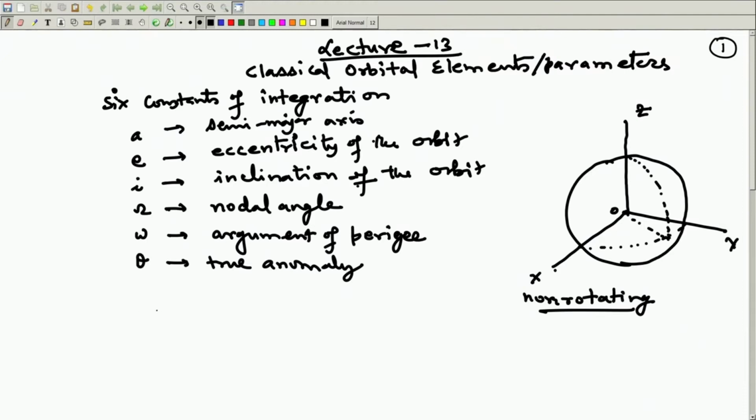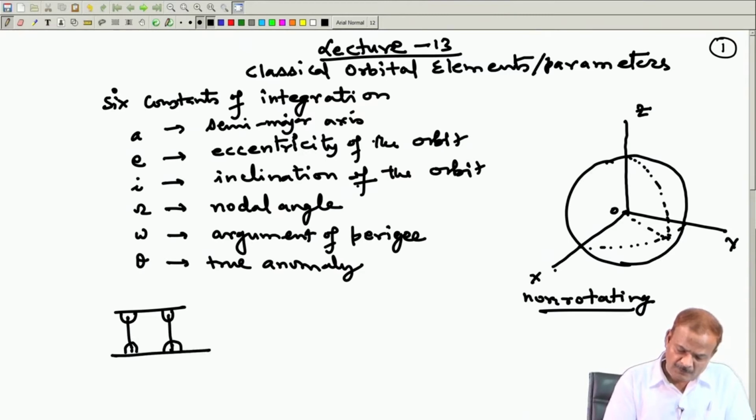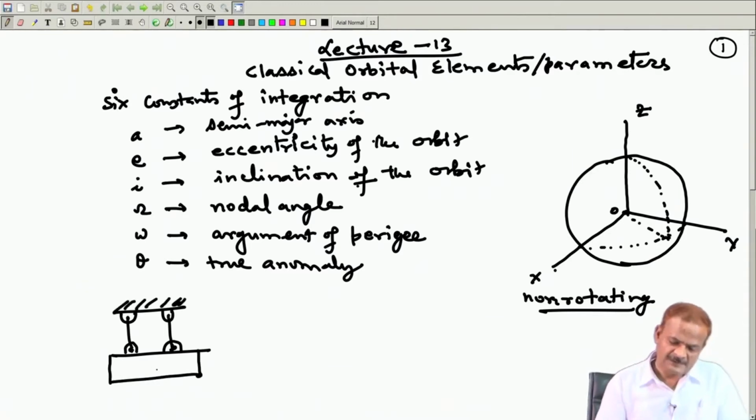What is the difference? I will show you here. Say a block is hanged from the ceiling like this. If you push it, it will have a purely translational motion, not a rotational motion.